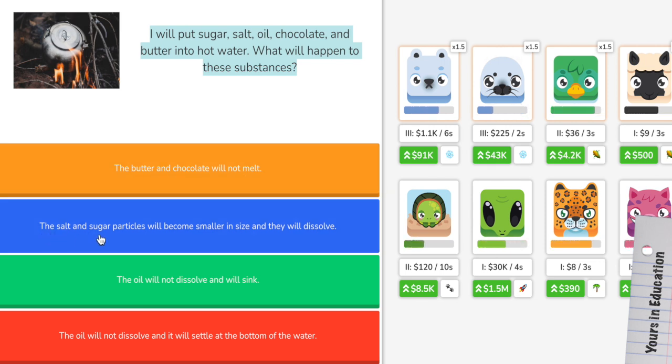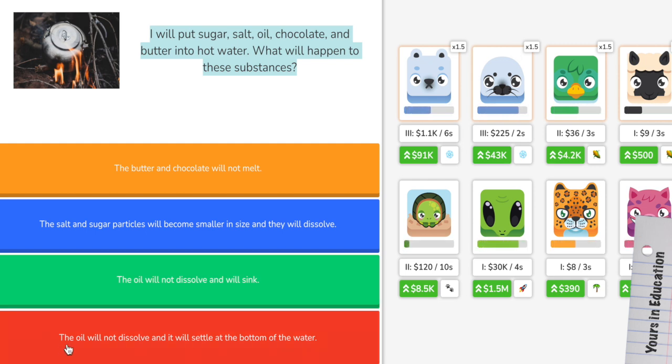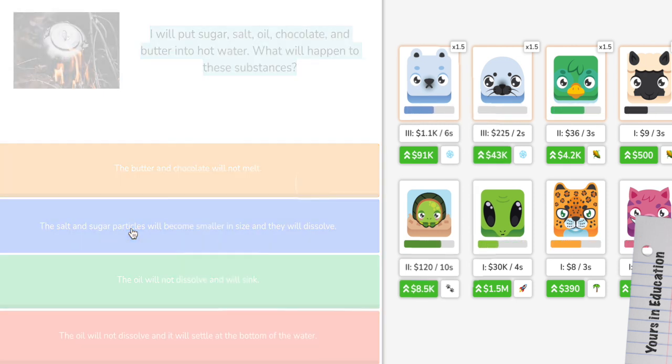The salt and sugar particles will become smaller in size and they will dissolve. Yes, salt and sugar definitely dissolve. The oil will not dissolve. That's true. And will sink? Now, oil always floats. It's less dense than water. The oil will not dissolve and it will settle at the bottom? No, it will float. So it was this.